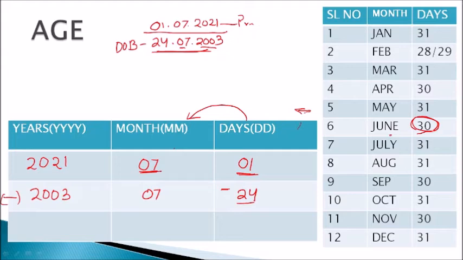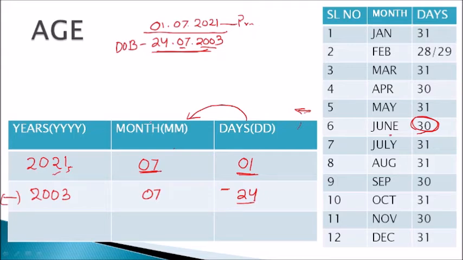Actually, if you are facing problems doing this in class 4 level, you can just take 30 days for all, as this is the average number of days for each month. But if you are a student giving any competitive exam, in that case you have to take the total number of days of the previous month, that is June, and the total number of days in June is 30.